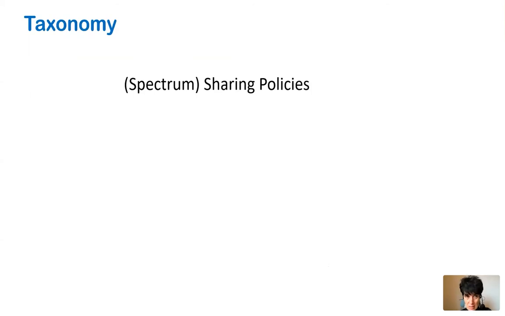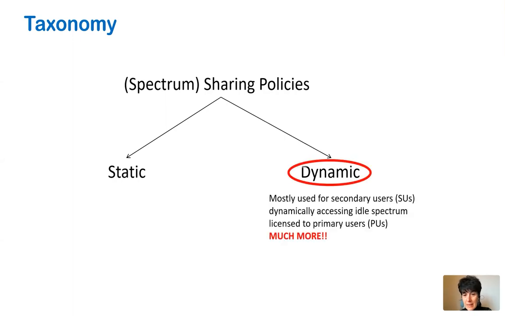So for that, I'm going to start by introducing some taxonomy for spectrum sharing policies. We are moving from the static sharing policies, where the assumption is that the wireless characteristics and transceiver needs are not changing over time, into a dynamic sharing policy, where the requirements and opportunities for transmission are changing and dynamic over time.